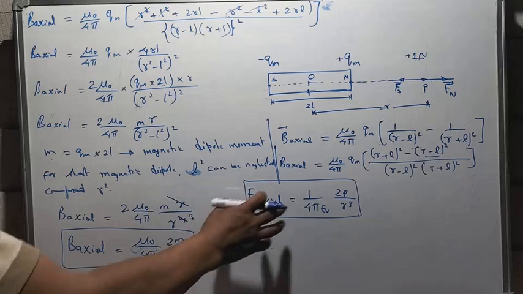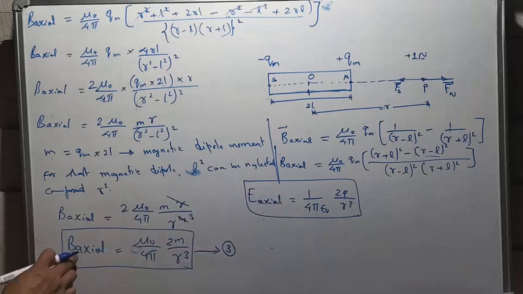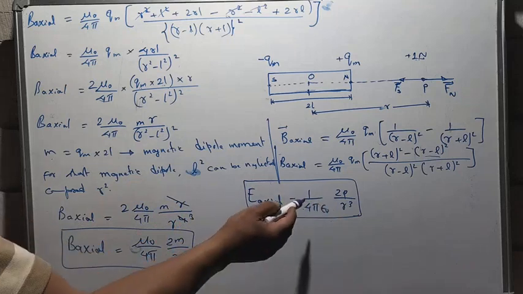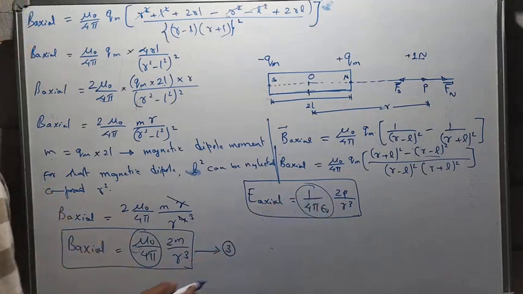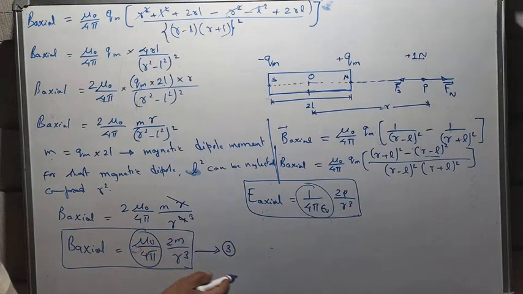Similarly, just compare, and you will see that the magnetic field at an axial point is almost the same, but in place of 1 upon 4 pi epsilon naught, we write mu naught upon 4 pi. This factor 2 is also there, and r cubed is also here, and this m is the magnetic dipole moment, but there we have the electric dipole moment.